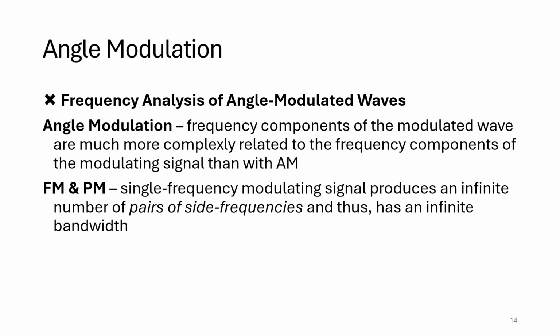Because for AM, with a single frequency modulating signal, we only produce one pair of sidebands, just the lower and the upper sideband. But it is a different story for angle modulation, because a single frequency modulating signal for FM and PM already produces an infinite number of pairs of side frequencies.